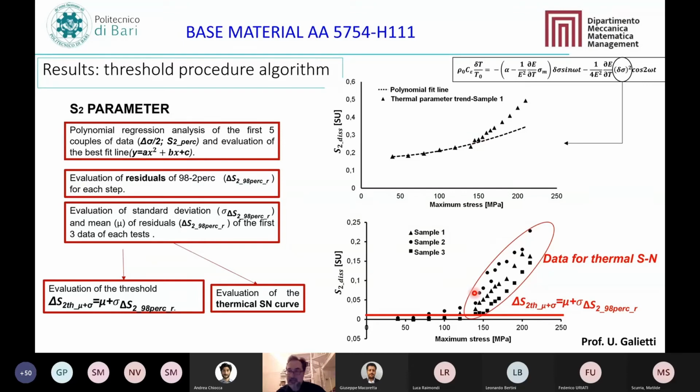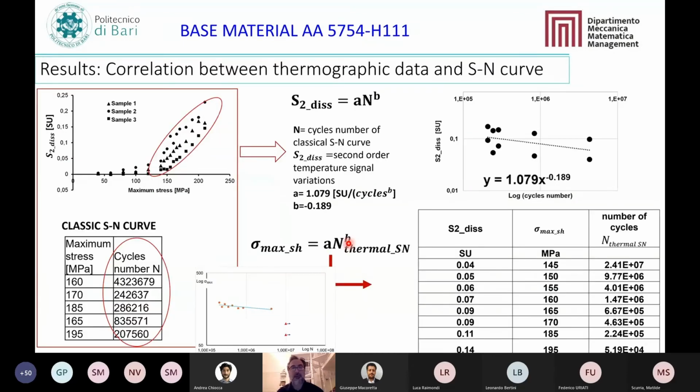But again, let's concentrate on this data to see if we can use it in some way to predict the behavior of some components. We performed an SN curve with a limited number of specimens, so we obtained the curve.